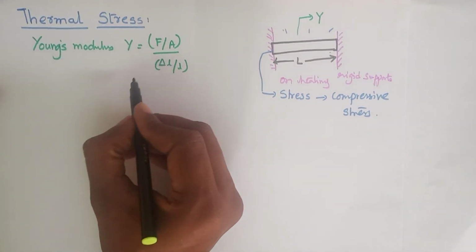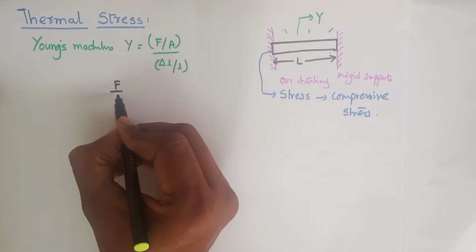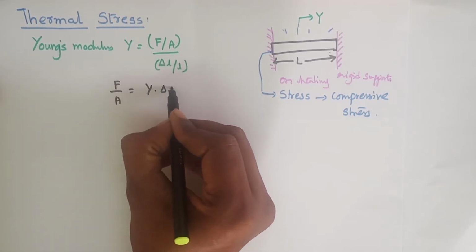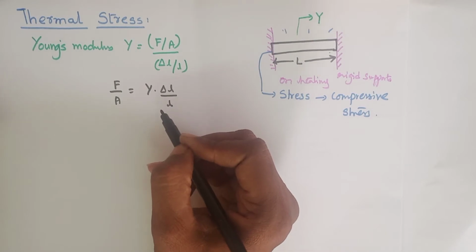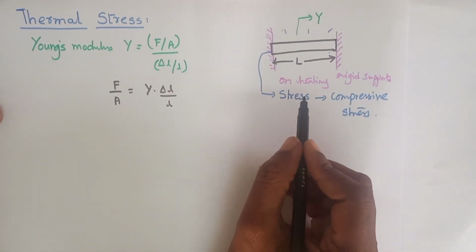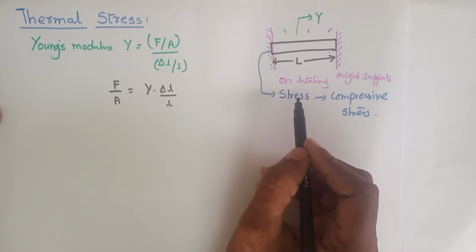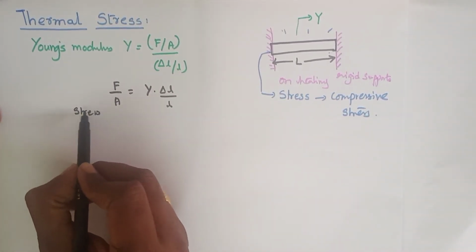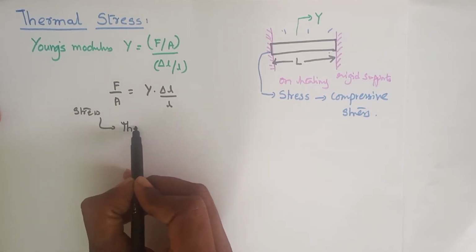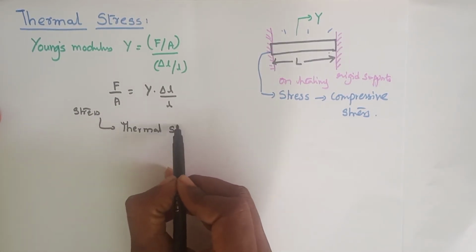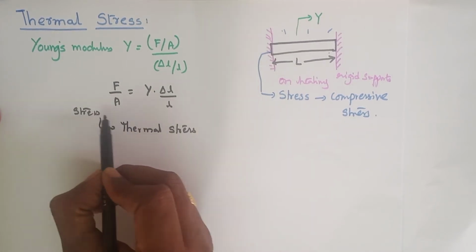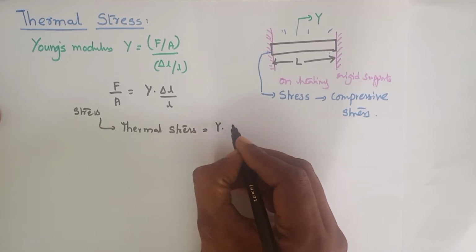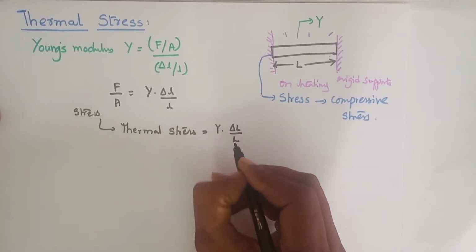Now, if you want to calculate this stress, F by A is equal to Y into delta L by L. How did this happen? Due to heating it happened. This stress is called thermal stress, which is equal to Y into delta L by L.